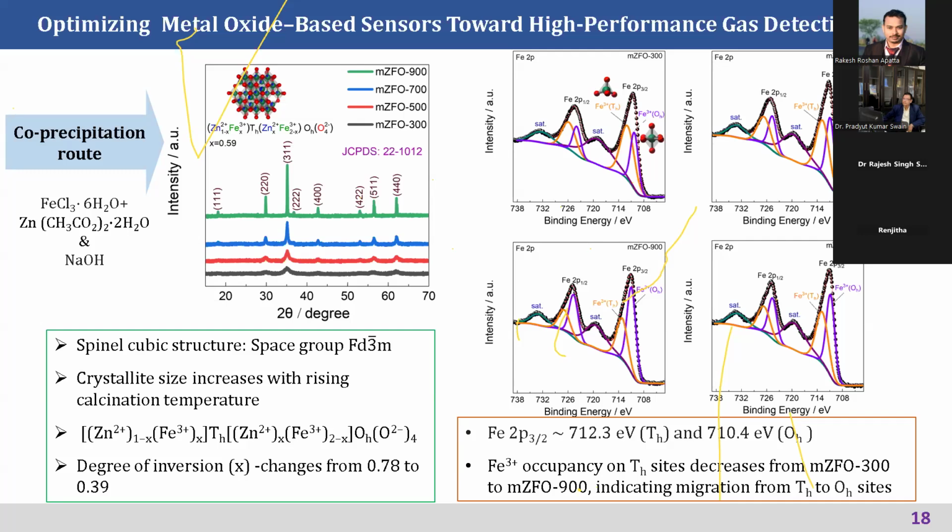By analyzing this data, one can find out the elemental composition of a material, which is one of the important studies for material characterization. By doing this study, we showed the occupancy of the Fe3+ ions and the zinc 2+ ions in the material. We have established this using this study.